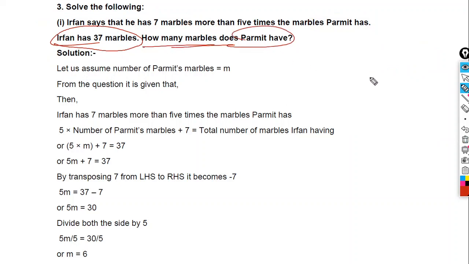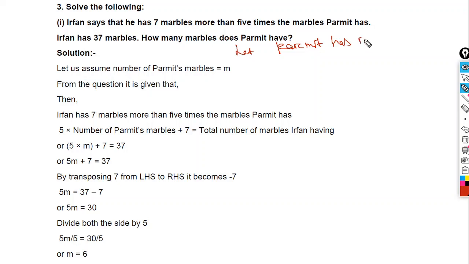So what will we assume? Let Parmit have m marbles, m number of marbles. Again read the question. Irfan says he has 7 marbles more than 5 times what Parmit has.